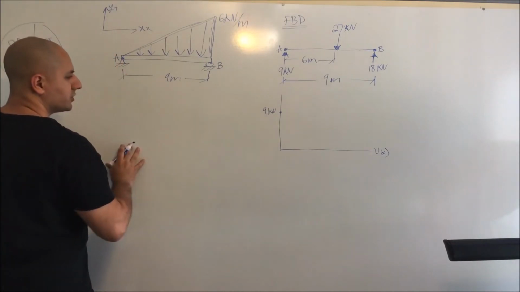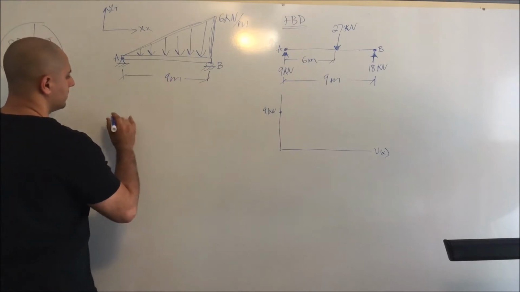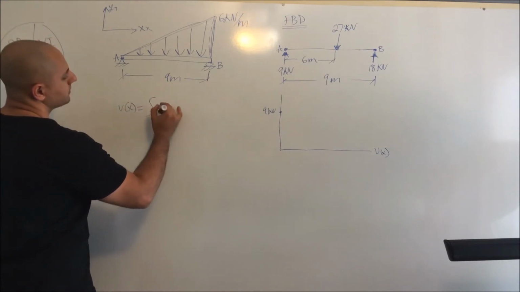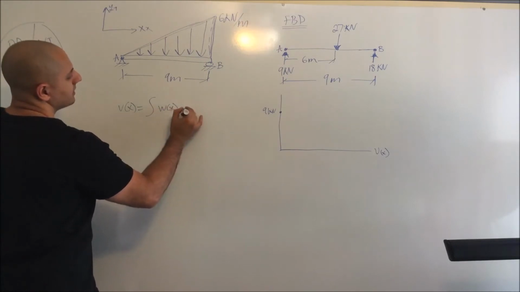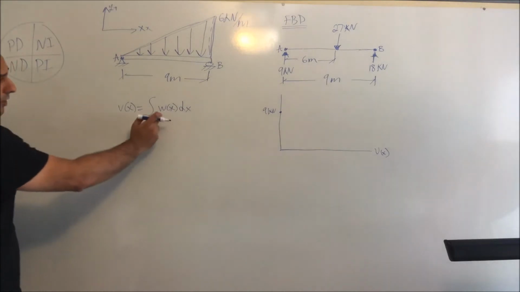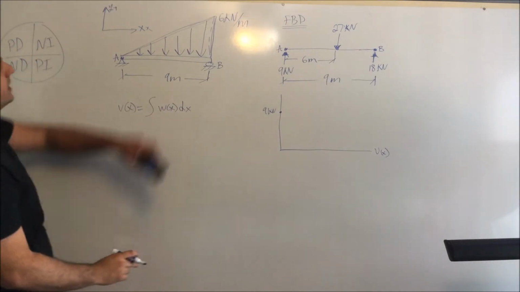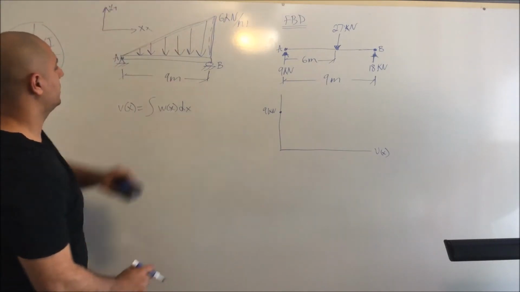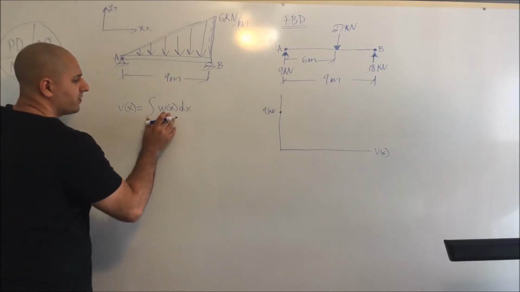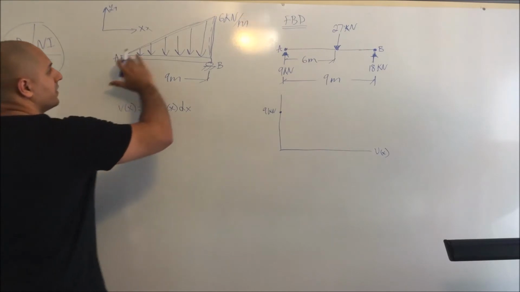The formula for the shear using integral form will be V of X equals the integral of W of x dx. Our W of x at this point is known as our distributed load. But also keep in mind, it's not just a distributed load, it's more of the slope of this plot.